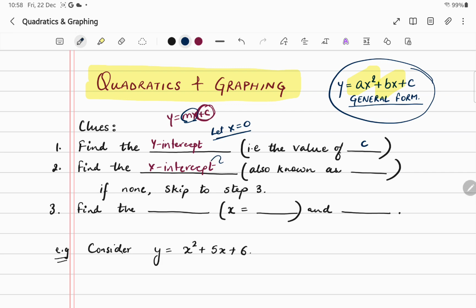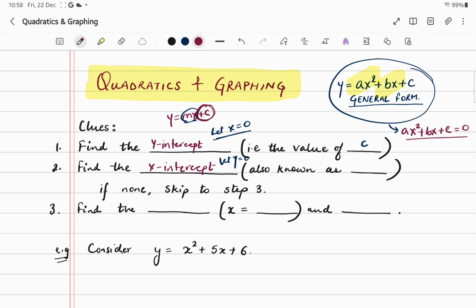in the x-intercept we will let y equal 0, right? So when we put y equals 0 in this form here, it becomes ax squared plus bx plus c equals 0, right? When we factorize this, we can have two factors, one factor, or we might end up with no factor at all, right?